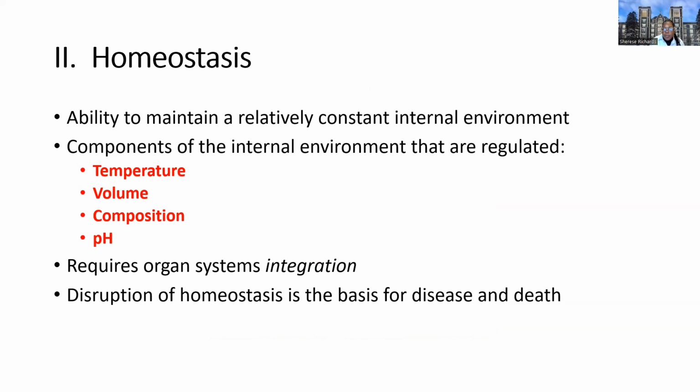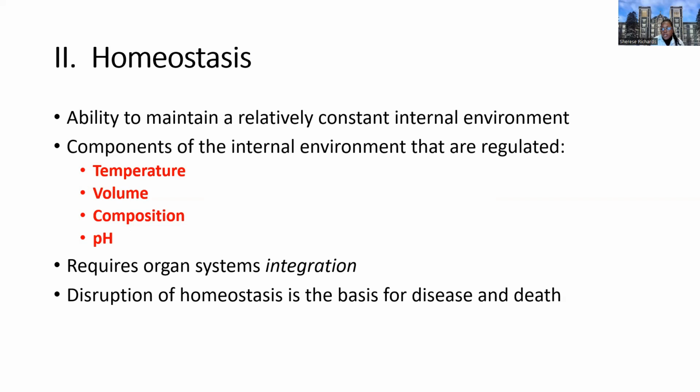This is homeostasis. It's the ability to maintain a relatively constant internal environment, even in the face of external changes. So some of the components that are regulated will be your body temperature, right? That's going to be maintained at about 37 degrees or so. That's what your body strives to maintain. Your blood volume.